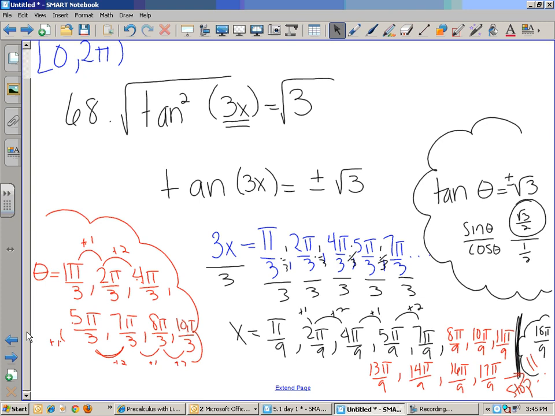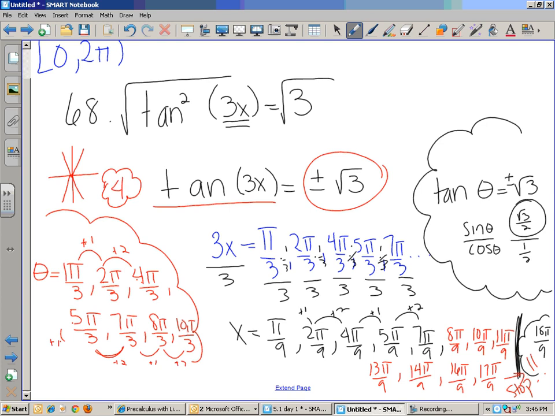And granted, on the quest, I will probably not give you one that has this many answers. But let me point something out to you. We're talking about tangent, and we had a plus or minus root 3 over 2, which means in one loop around the circle, we would have hit it once, twice, 3 times, 4 times. We would have had, in our bubbles, 4 answers.